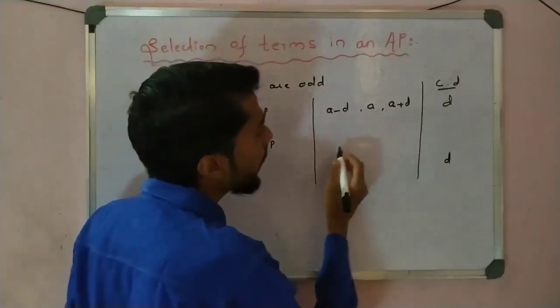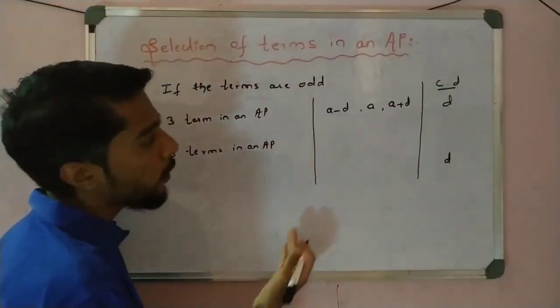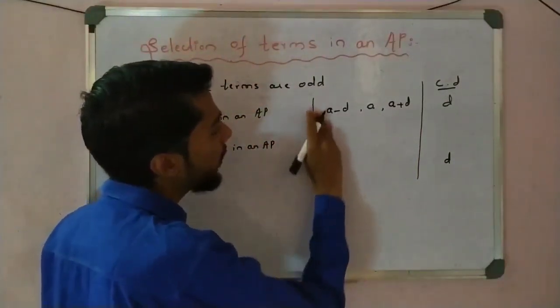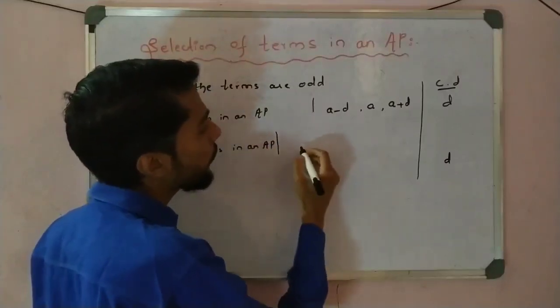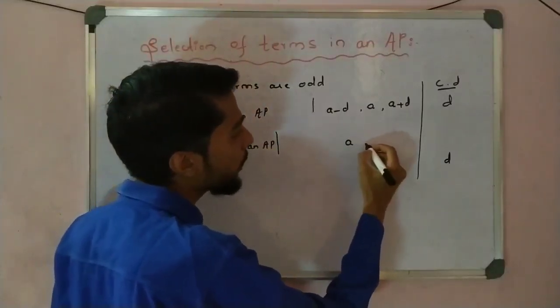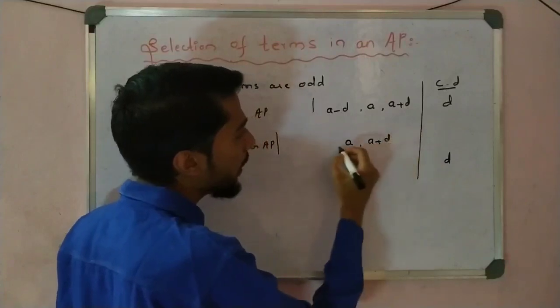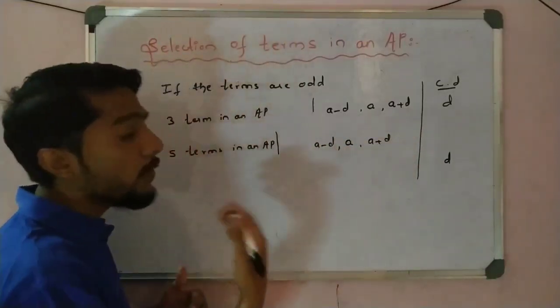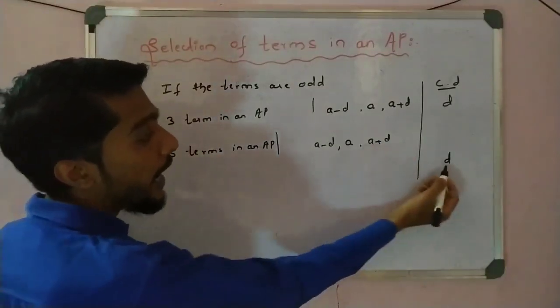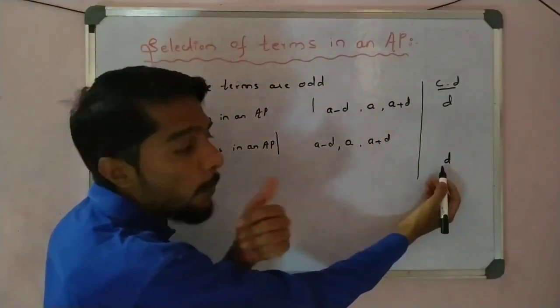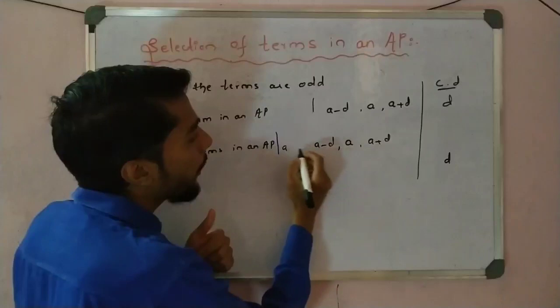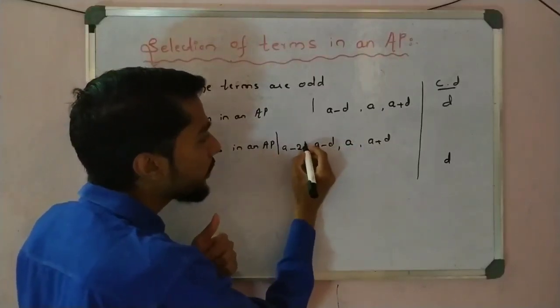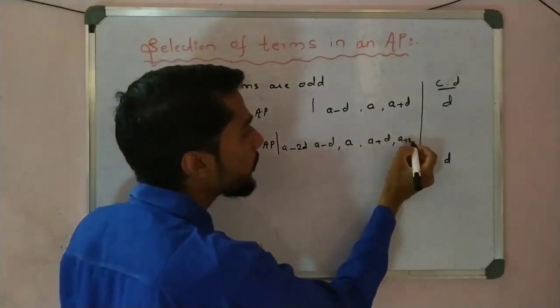Again, if 5 terms are required, I write here for the 5 terms. One is fixed, that is a plus d, and a minus d. So 1, 2, 3 terms are there. Now we require another 2 terms. On this side I have d common, so I can add one more d, making it plus 2d.